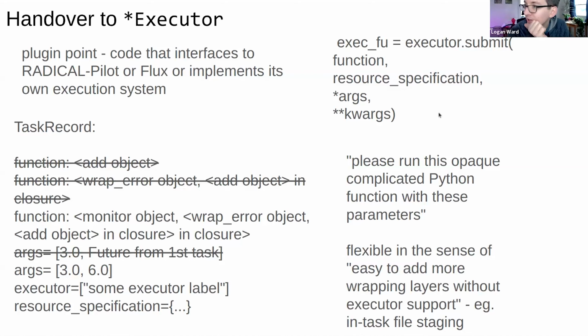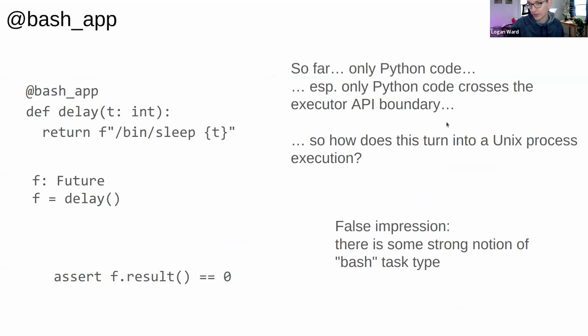Okay, and you're saying that, look at this call. There is no Unix process call option in this API. You pass in a Python function, nothing else. That the bash app is kind of an artificial user construct. Yep. So it's a very front end construct.